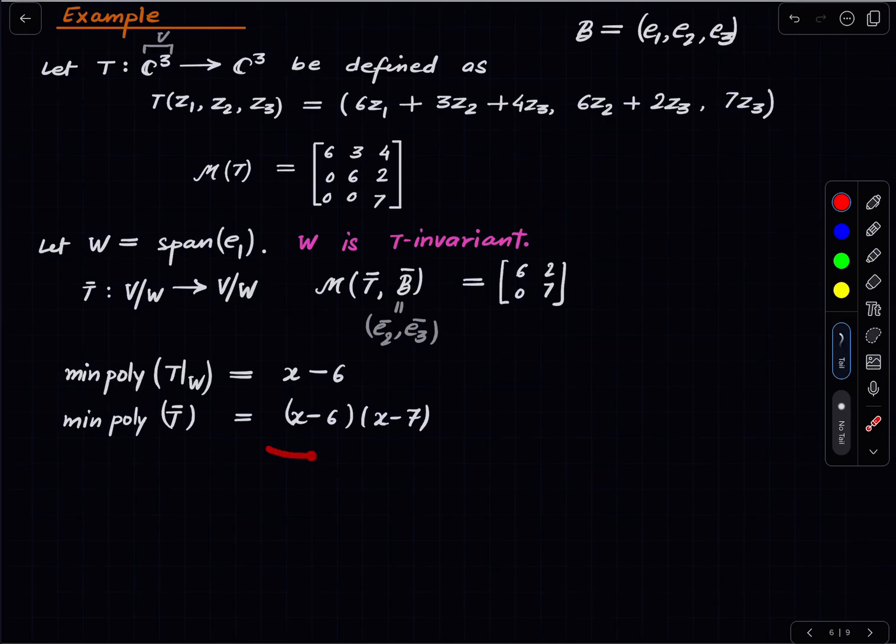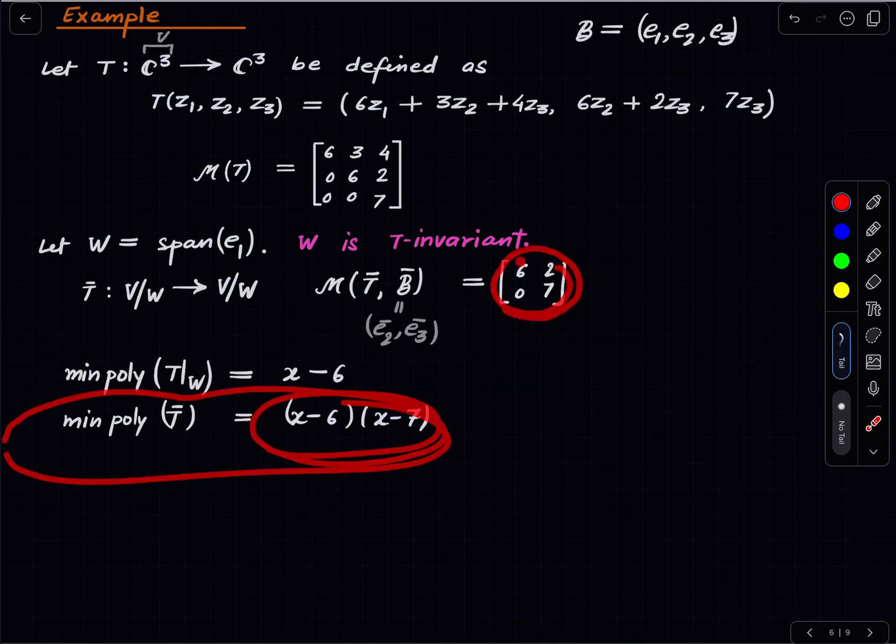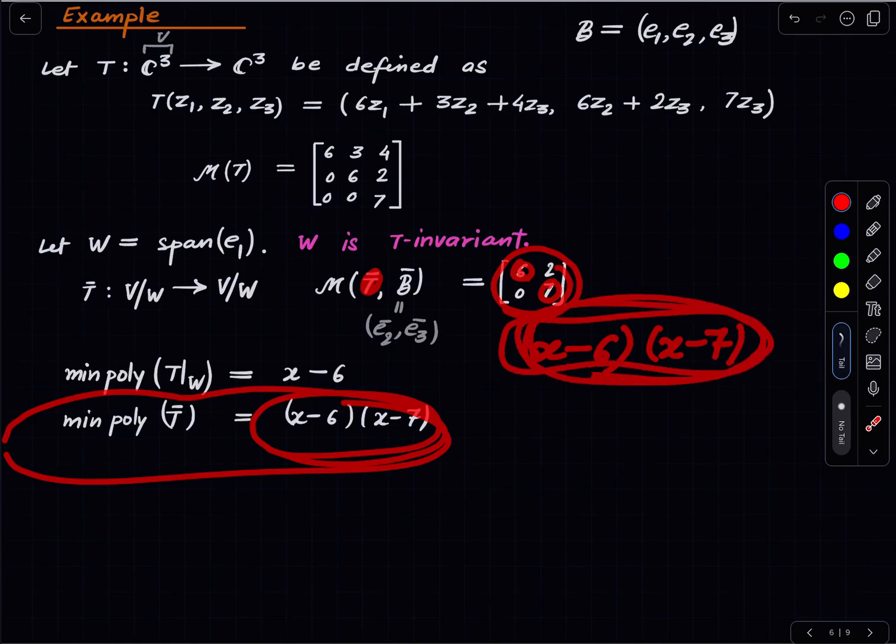So how do we come to this conclusion? Well, here you can easily check that 6 and 7 are eigenvalues of T bar. So x minus 6 and x minus 7 must be factors of the minimal polynomial of T bar. Hence this definitely divides the minimal polynomial of T bar, but if you substitute T bar here, you will get 0. So this has to be the minimal polynomial of T bar.